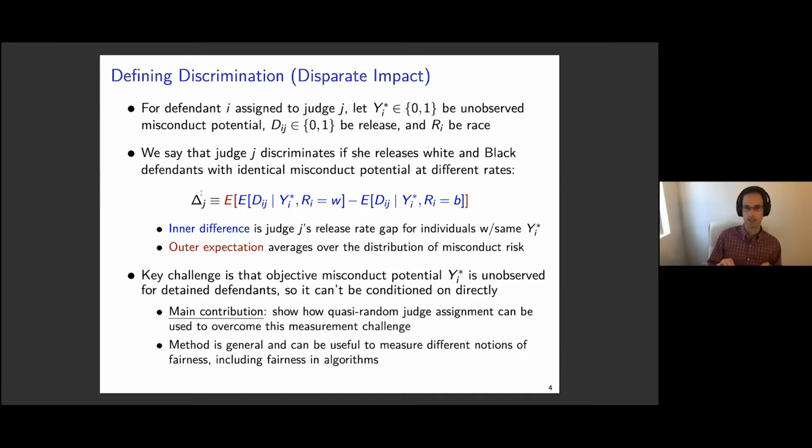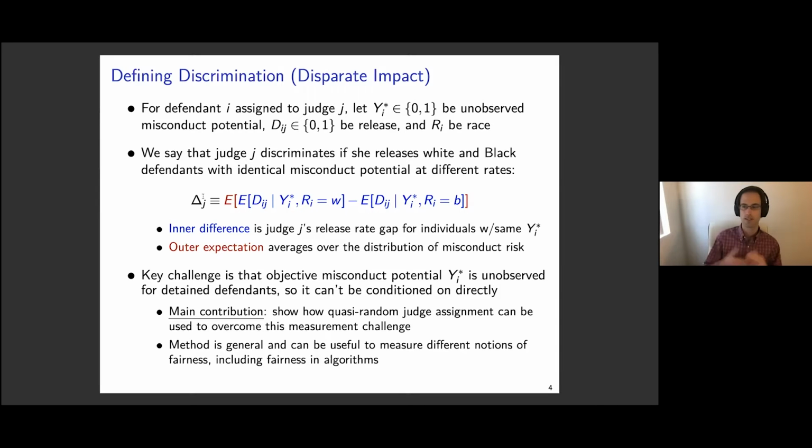Another way to talk about the generalizability of this is we've chosen one delta J that we think has some nice properties. It's related to previous research and theories in the economics literature, and it's related to the legal doctrine of disparate impact, but you might have some different measure of fairness that you would like to measure. In computer science, a lot of these measures are going to depend on type 1 and type 2 error rates.